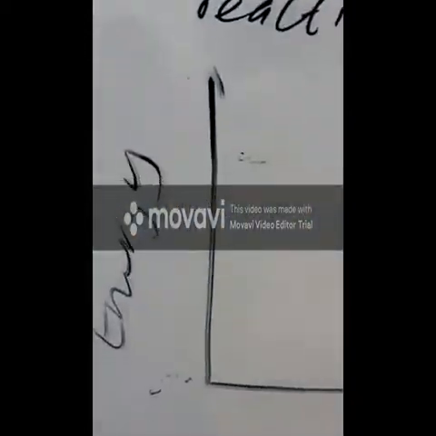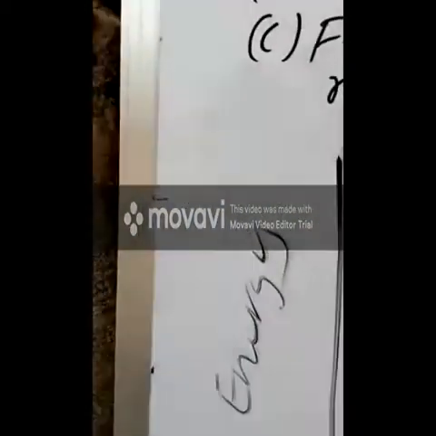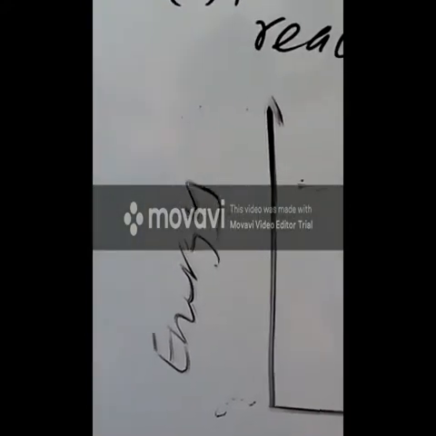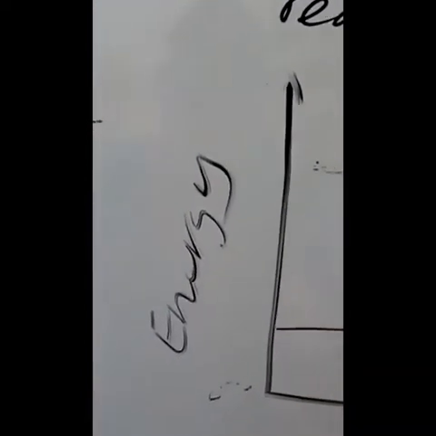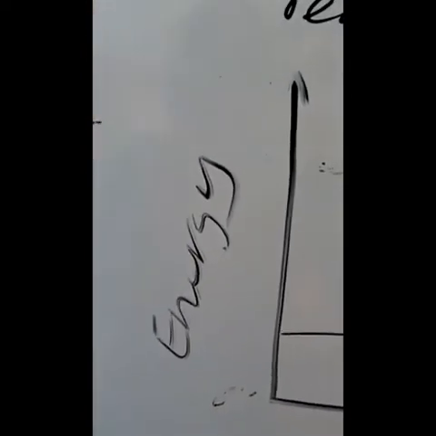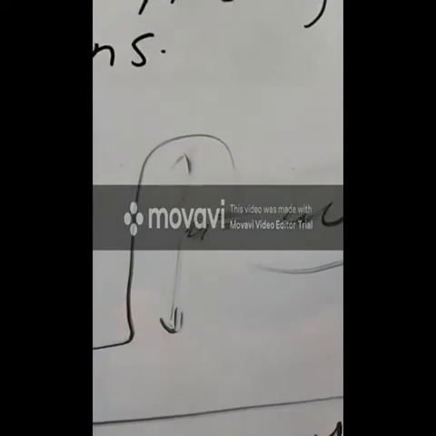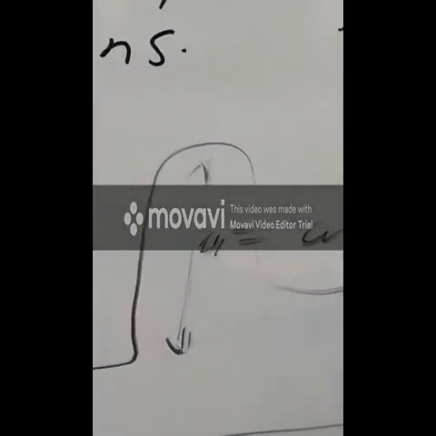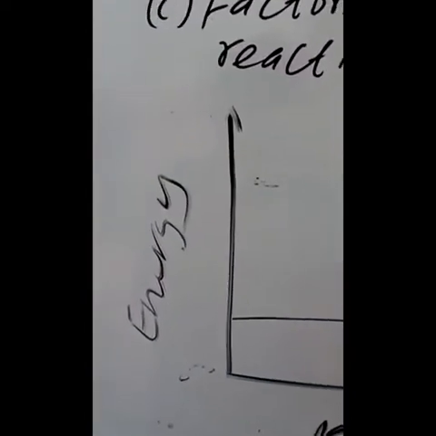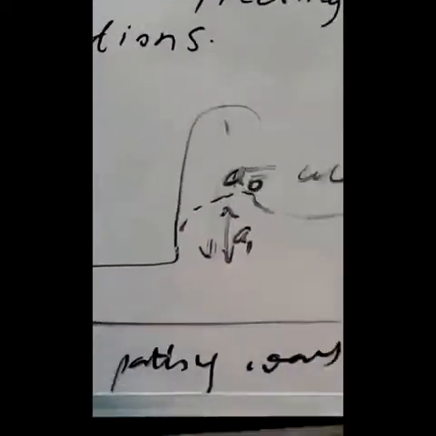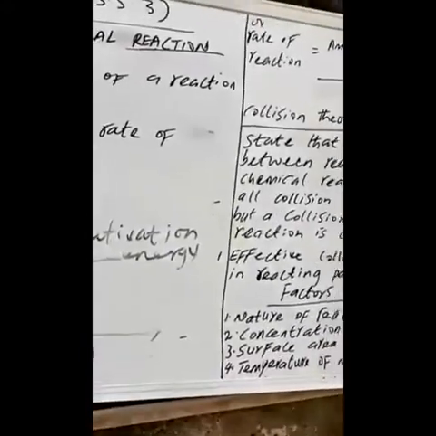Let's see an energy pathway diagram. If you look at that diagram very well, initially you can see the A0, you can see the A1.